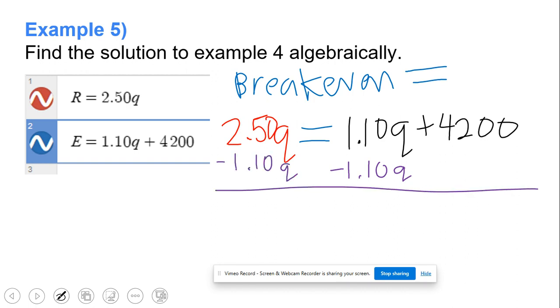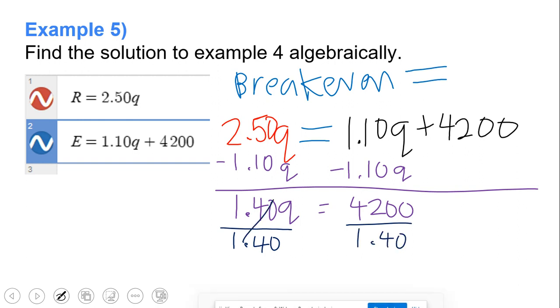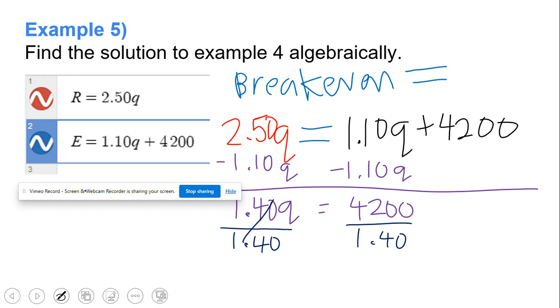That would leave me with 140Q is equal to 4,200. If I want to get Q alone, I just need to divide by 140. That would leave me with just Q. And 4,200 divided by 1.40 or 1.4 gives me 3,000.